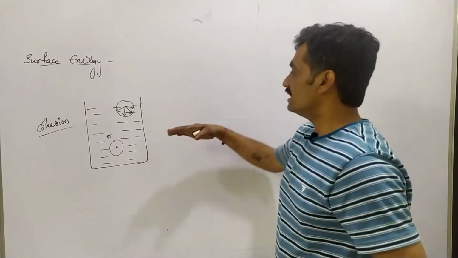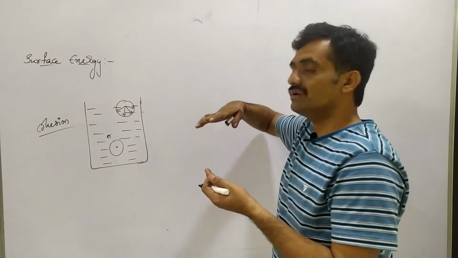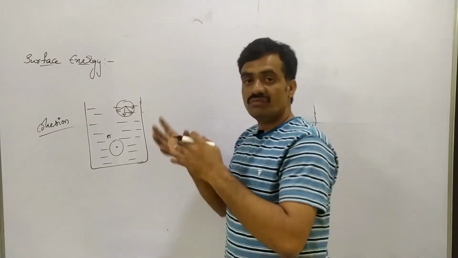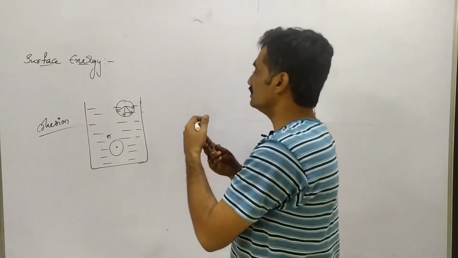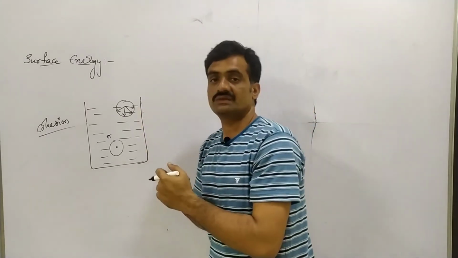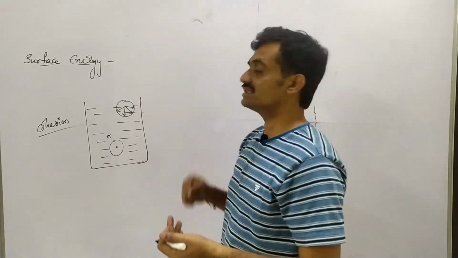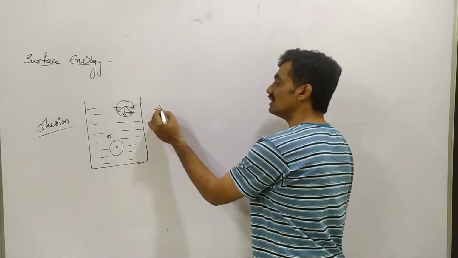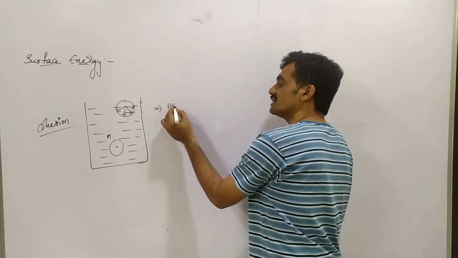As it experiences a downward force, work has to be done on the molecule to stay on this surface. The amount of work done on the molecule to stay on the surface is known as potential energy.